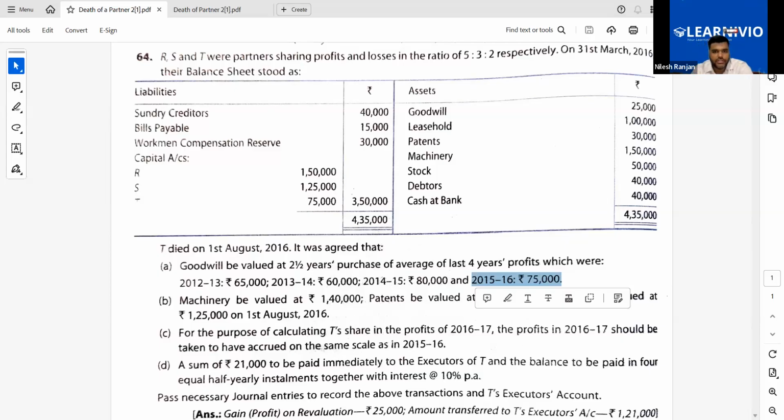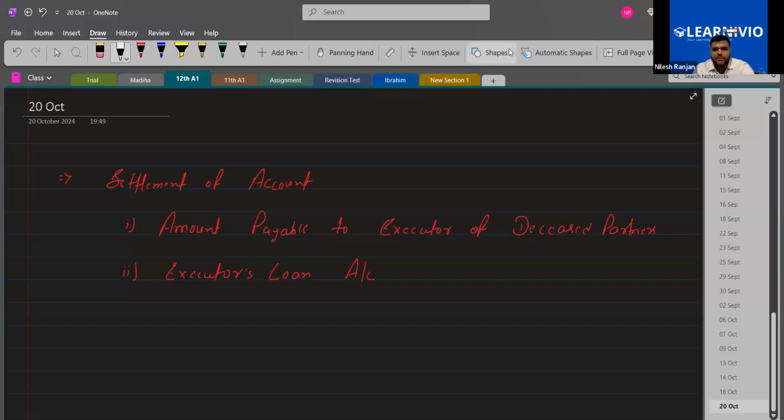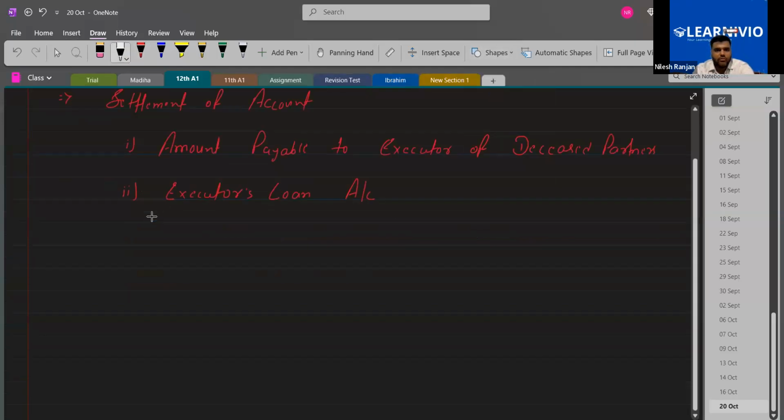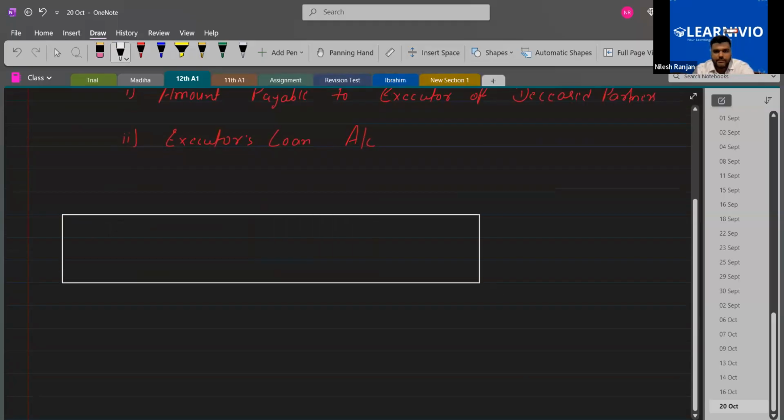You can see amount transferred to T executor account 1,21,000. So I am preparing executor loan account on the basis of this amount.